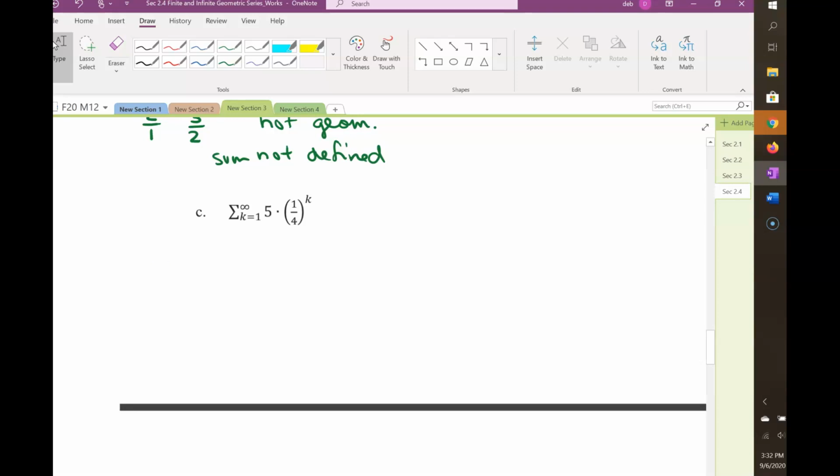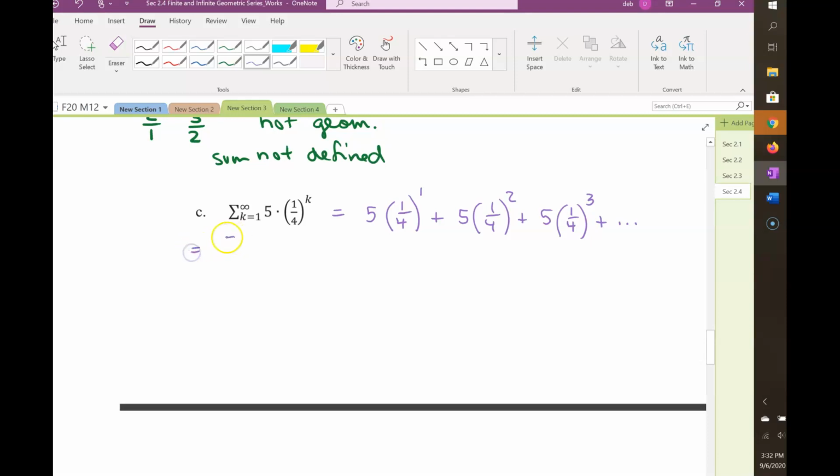Okay, then let's look at this next one. And again, I'm going to look at what the first few terms look like. So I'll have 5 times 1/4 to the 1, plus 5 times 1/4 to the 2, plus 5 times 1/4 to the 3, and so on.